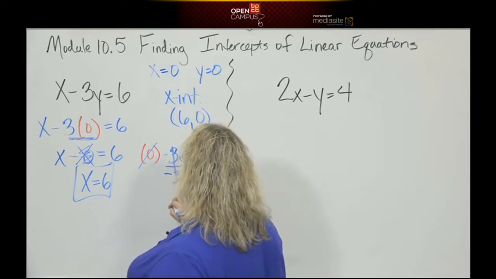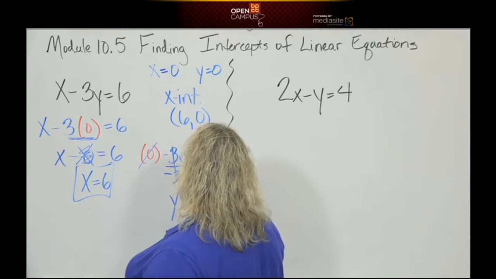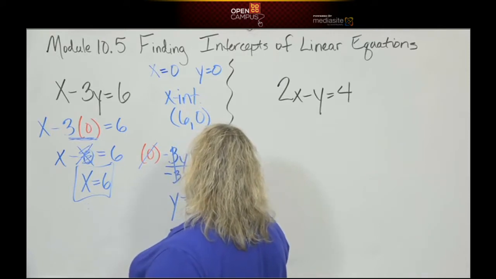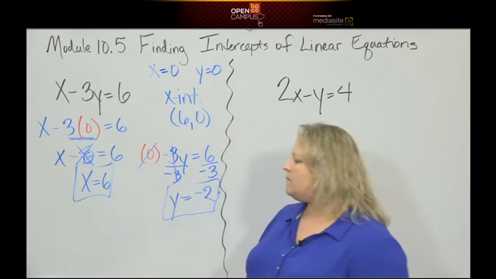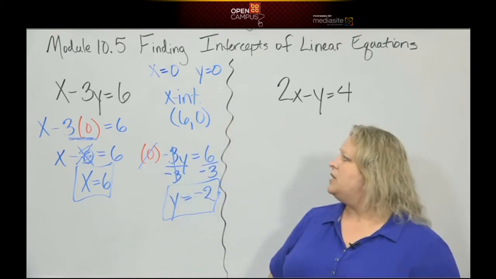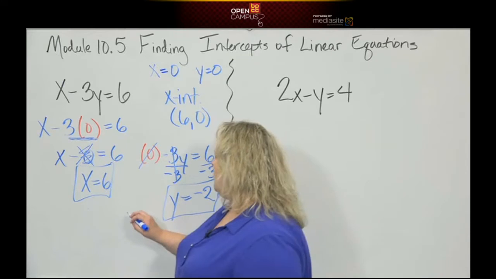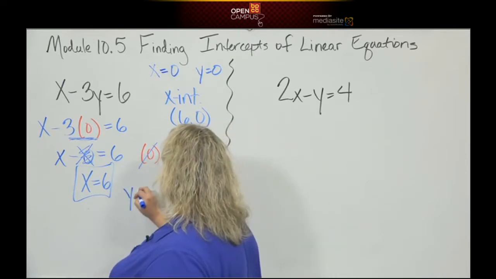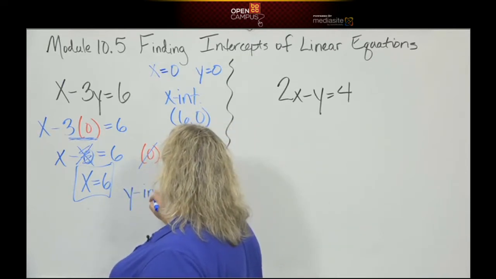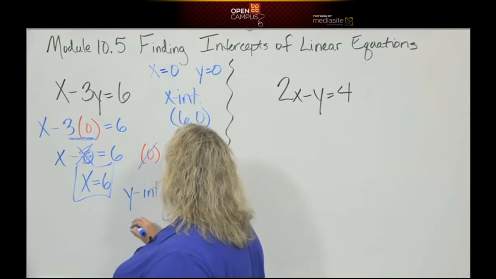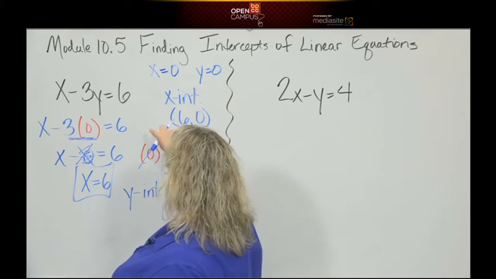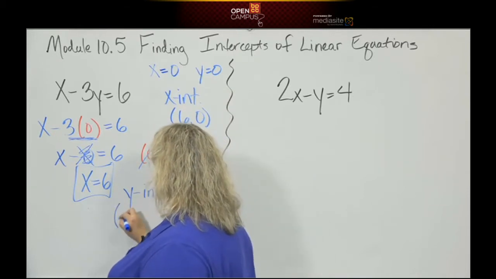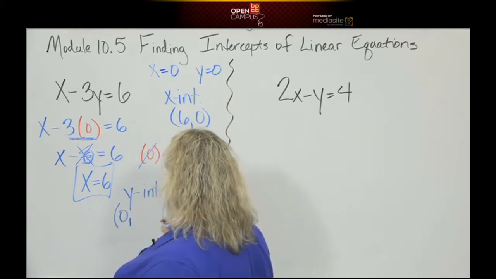When I divide by negative 3, I get 1y is equal to 6 divided by negative 3, which is negative 2. Now I have my y-intercept. My y-intercept, INT for intercept, is going to be 0, because that's what I substituted in place of my x value, comma, negative 2.